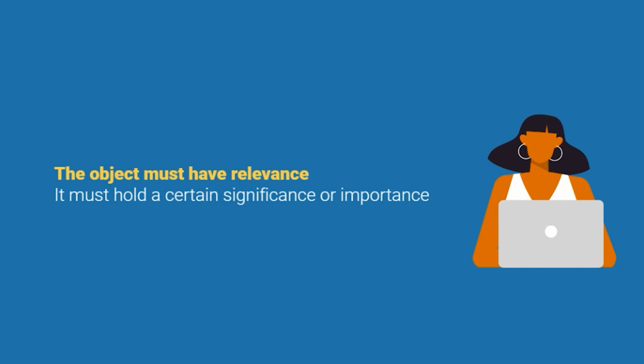The other point that should be noted, the object must have relevance. It must hold certain significance or importance. This object has a lot of relevance. It has a lot of significance and importance. It is worn by the Maasai women who have recently been married.